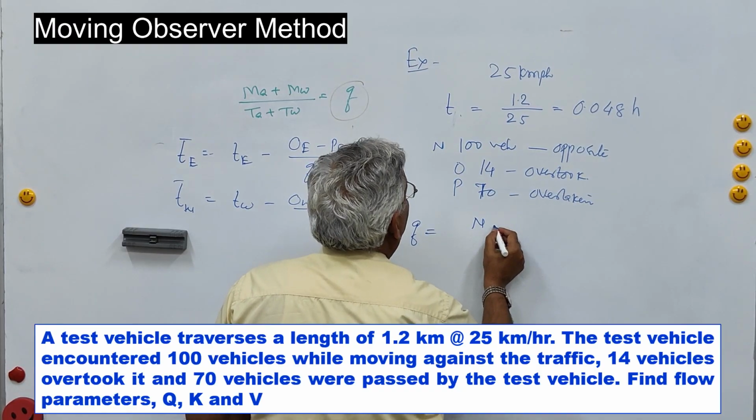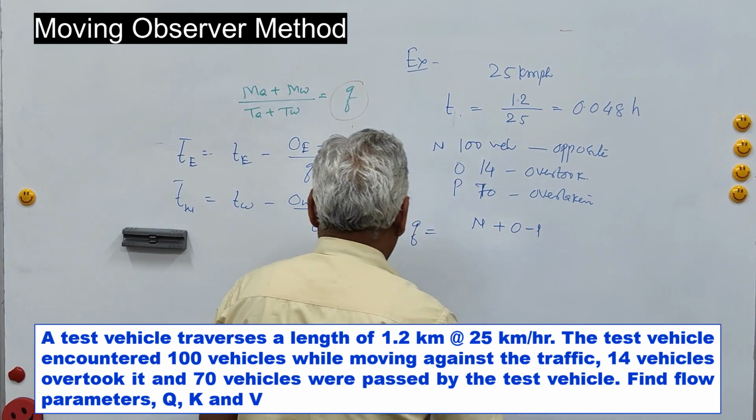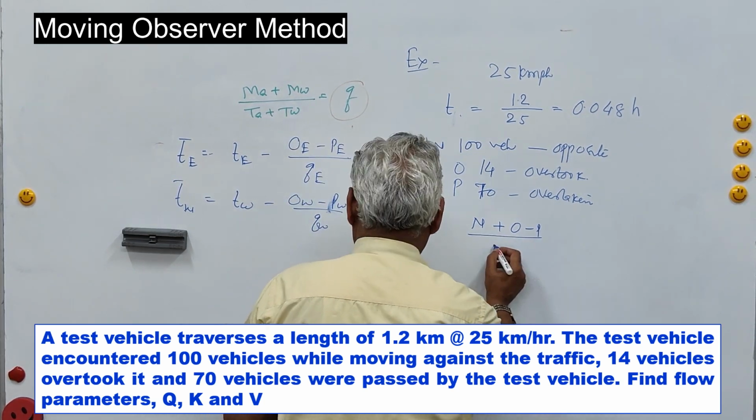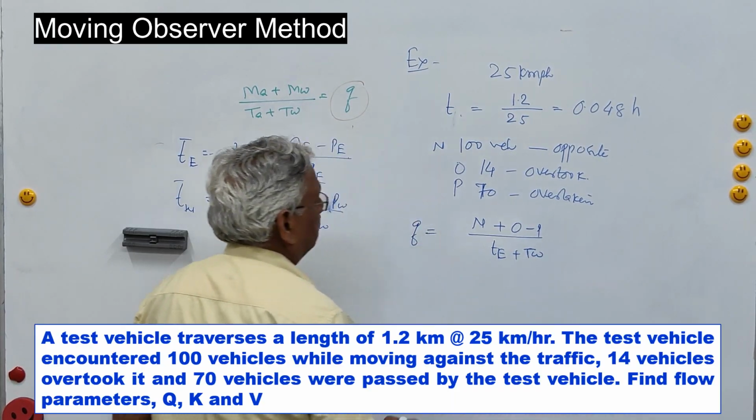So the Q will be (N plus O minus P) upon (TE plus T west).